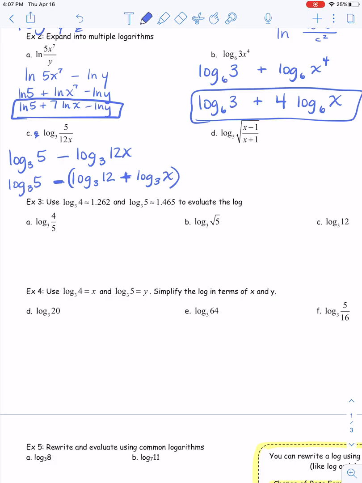So you need to be careful about that. You do need to put those parentheses there. If you want to drop those parentheses, then you would have to write it, I'll come down here and squish it all together, you would have to put your log base 3 of 5 minus your log base 3 of 12 minus your log base 3 of x. Because think about that.